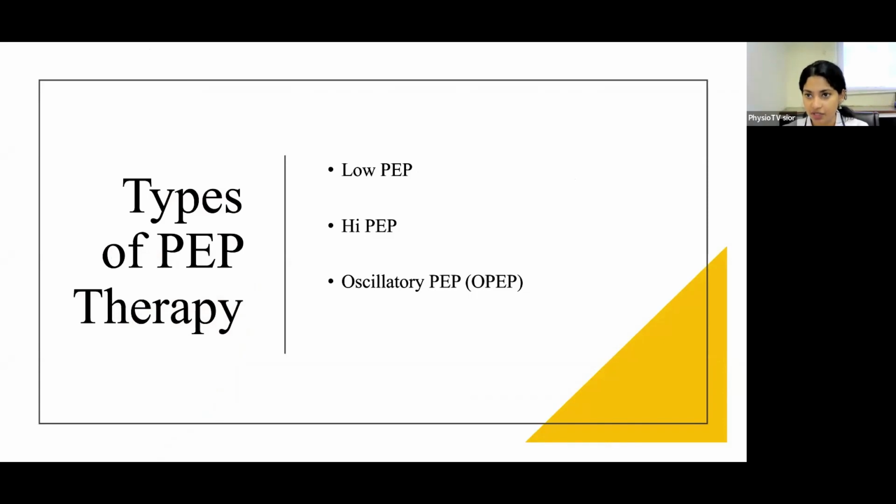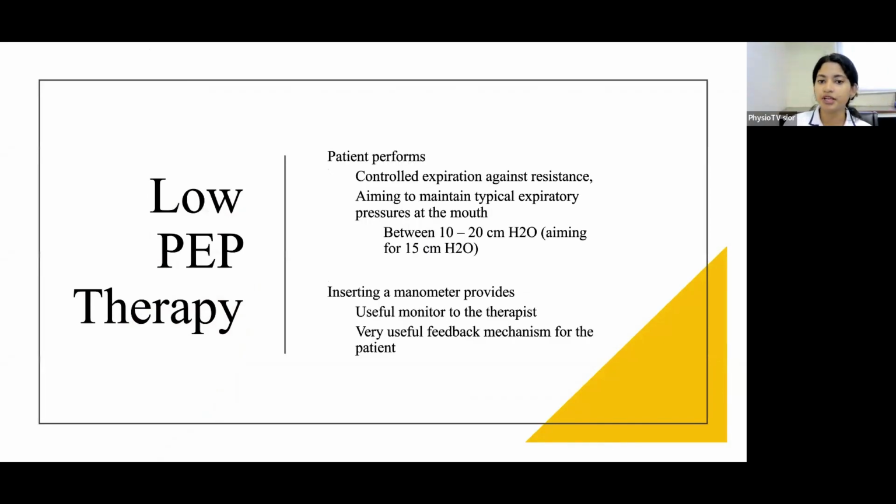In low PEP therapy, the patient performs controlled expiration. The expiration is going to be controlled and against a resistance. The main thing to be followed in this therapy is to maintain an expiratory pressure at the mouth between 10 to 20 centimeters of water, aiming to keep it at about 15 centimeters of water.